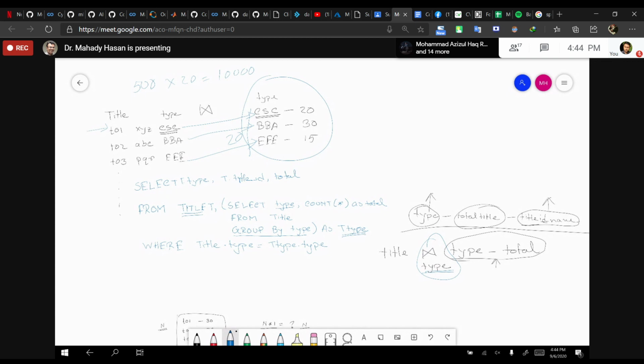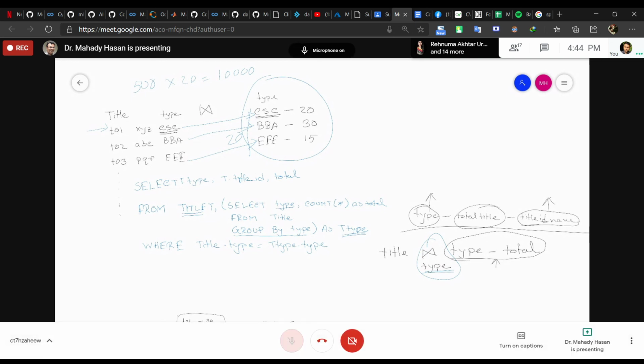This will be coming automatically. Type, title, and total, or whatever the order. Type, total, then title ID. Whatever you say, this can come accordingly. Make sense? So these are some slightly difficult queries that we might need to use sometime.